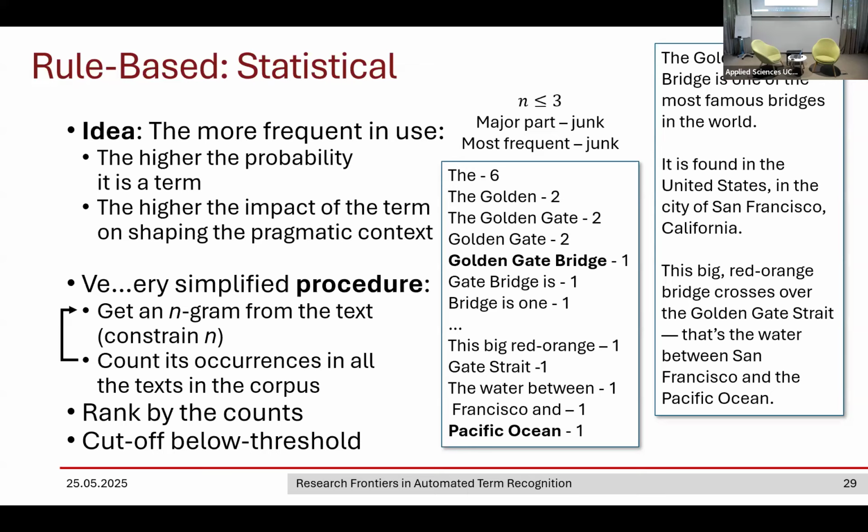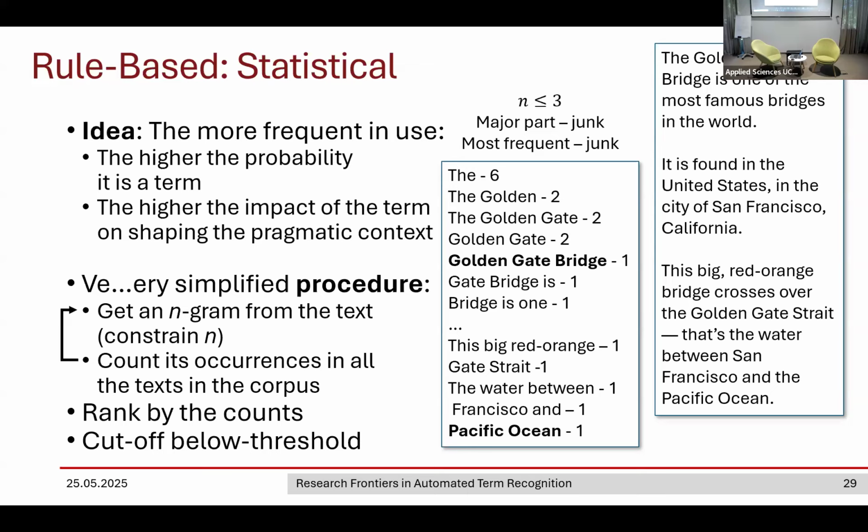Well, myself, I'm not, because the major part is just junk. Even if you constrain this to 3, the major part would be junk. And the most frequent is junk. Like this is the unigram, and we met it 6 times. Just an article.